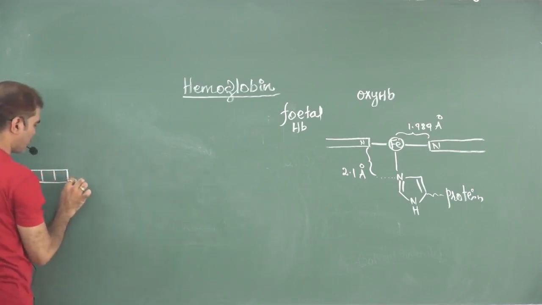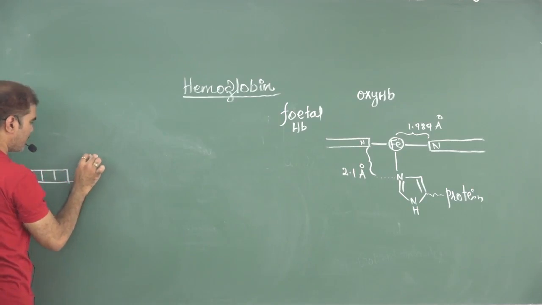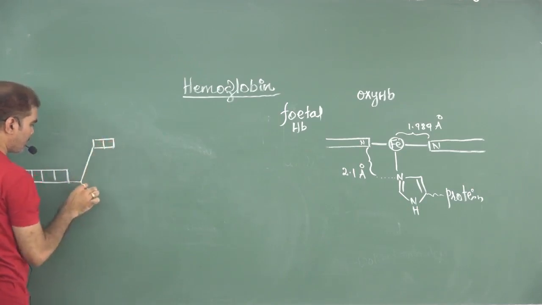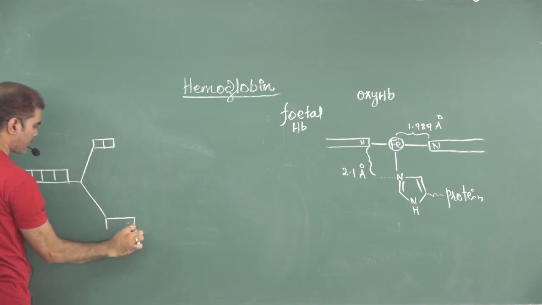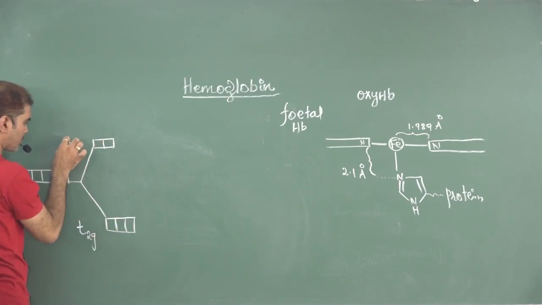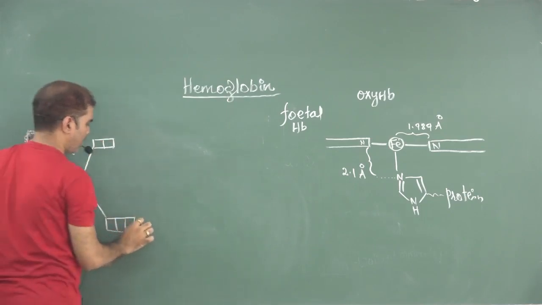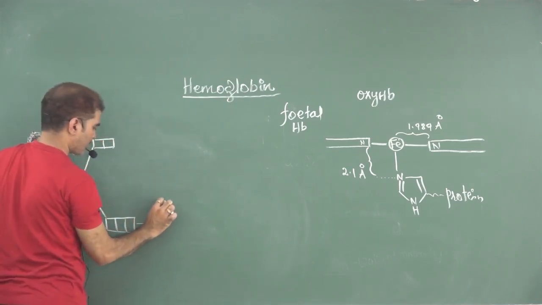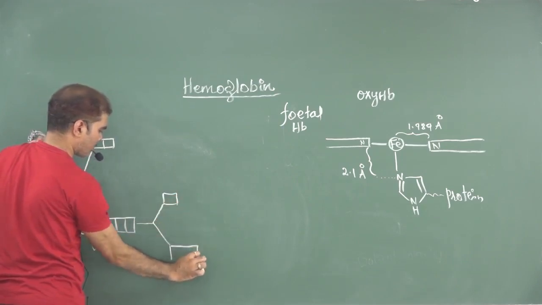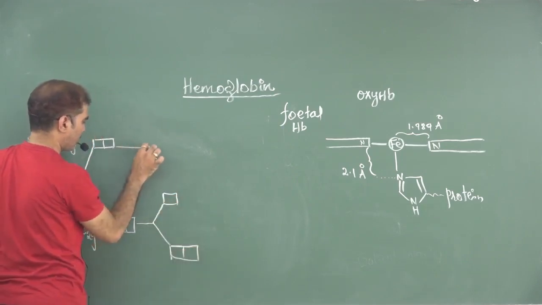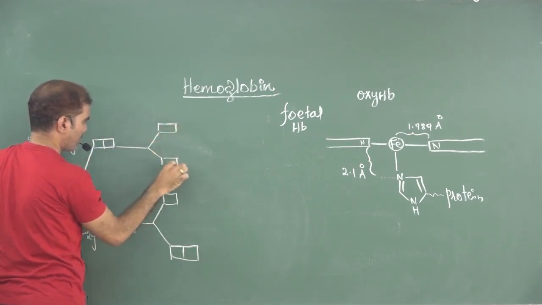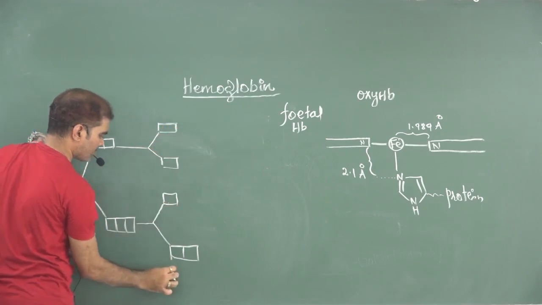These are tetragonal distortions and rhombic distortions.